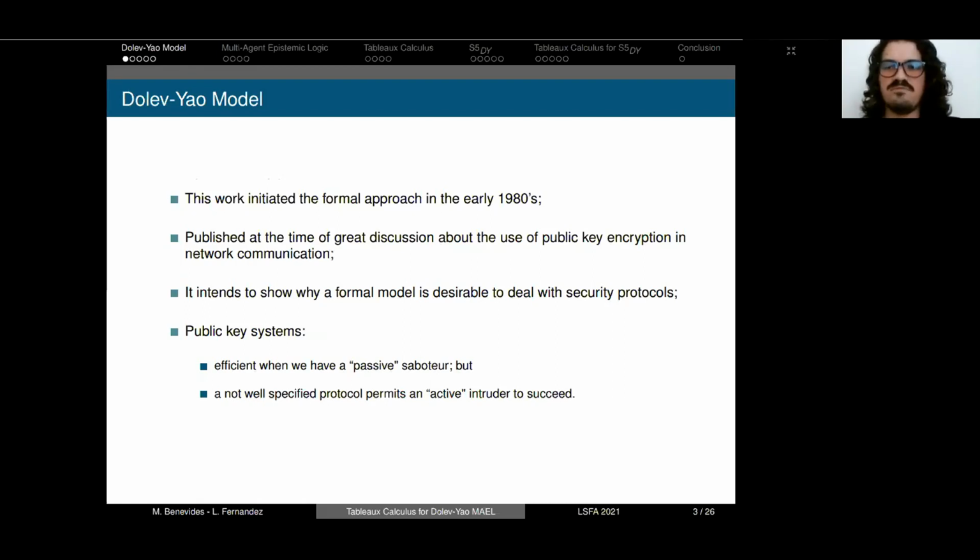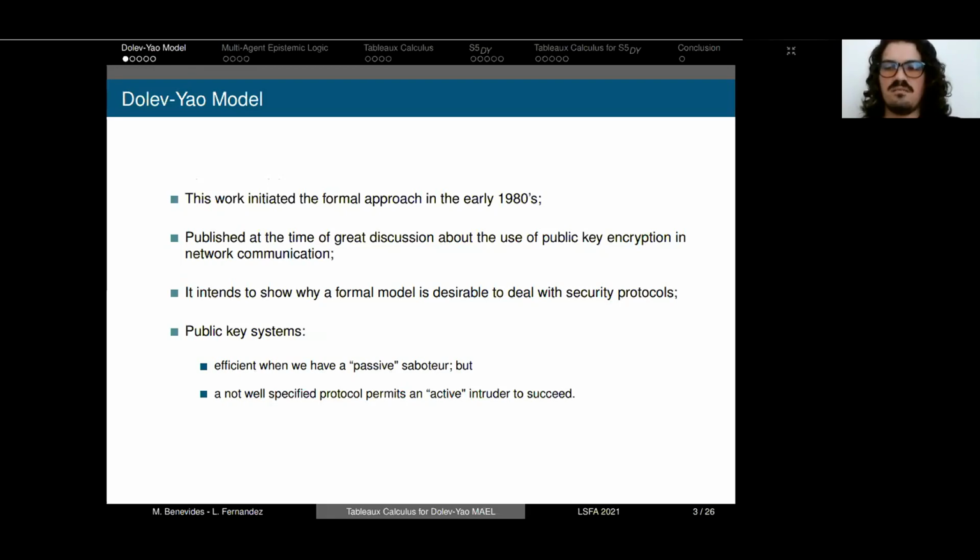So we start with the Dolev-Yao model. This is a seminal work in formal cryptography. It can be found in Dolev and Yao's paper on the security of public key protocols that was published in 1983.